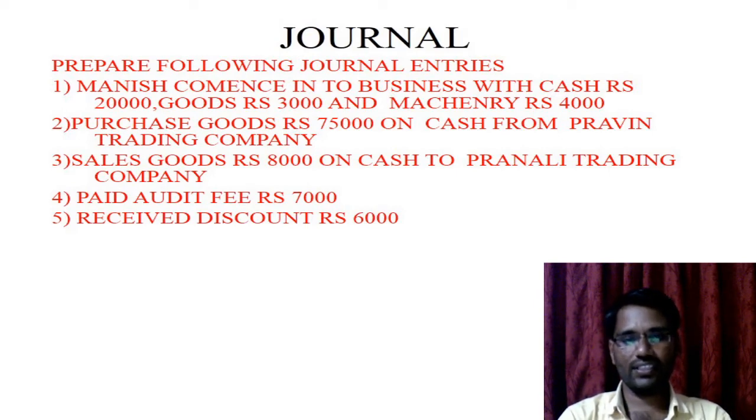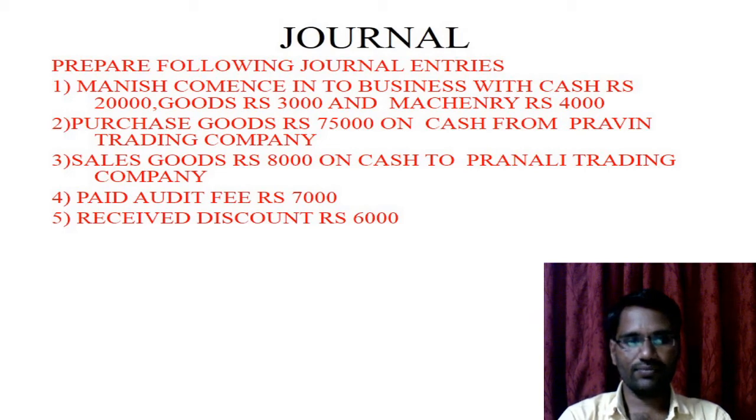The first transaction is Manish comes into the business with cash rupees 2000, goods rupees 3000 and machinery rupees 4000. Second transaction is purchase goods rupees 75,000 on cash from Praveen Trading Company.